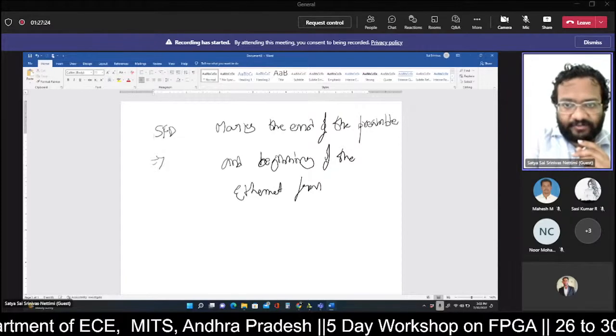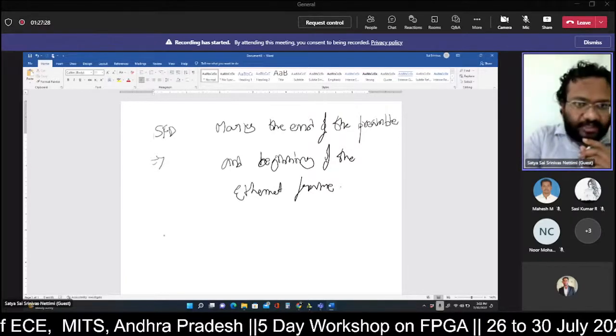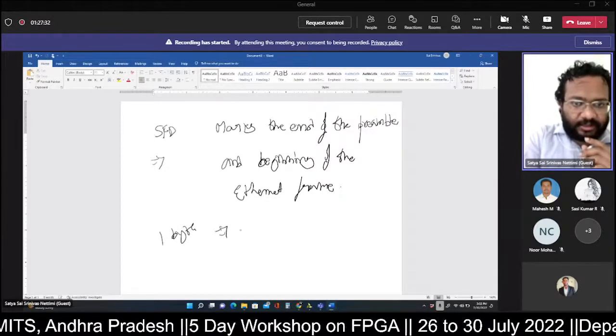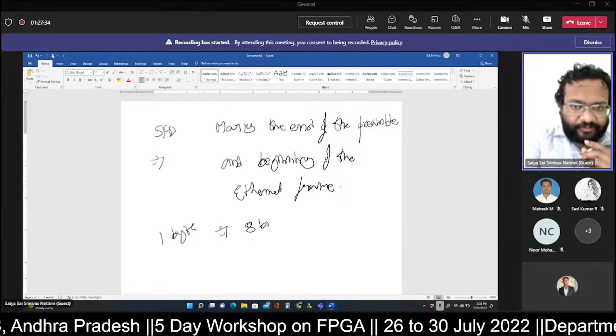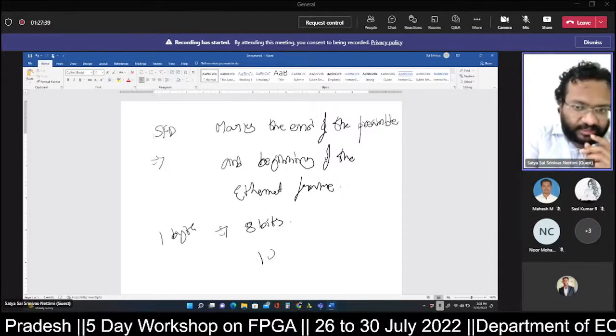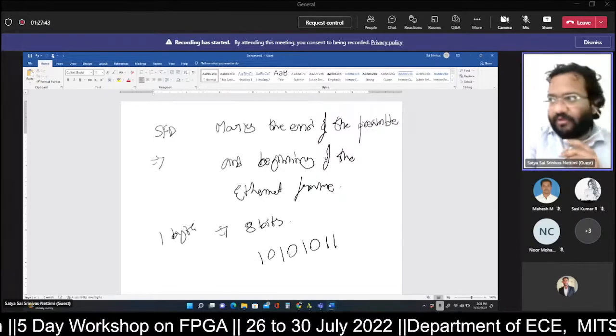So this is the significance of SFD, and SFD is 1 byte, that means 8 bits, and it has a fixed structure, that is 10101011.